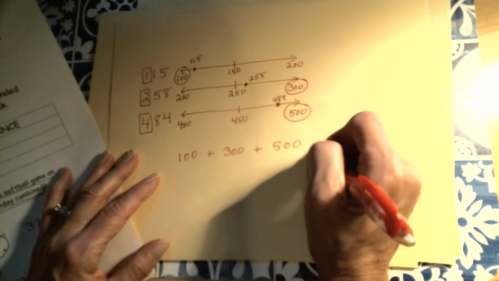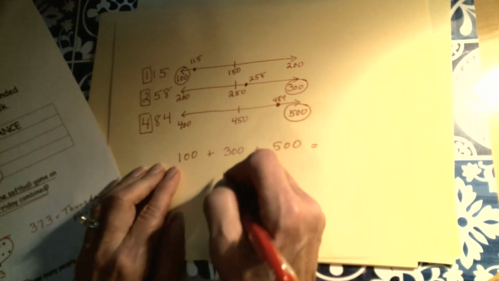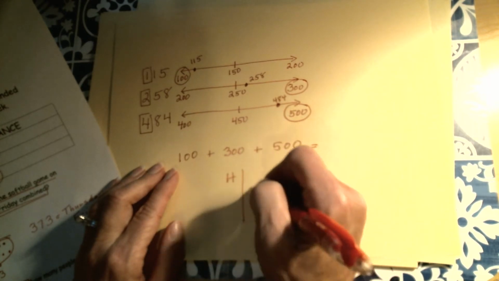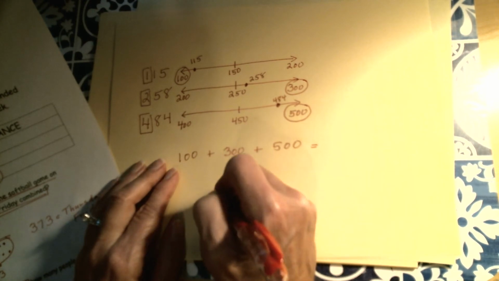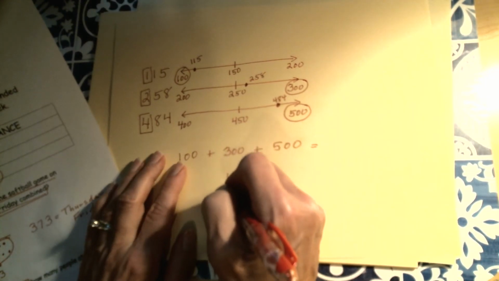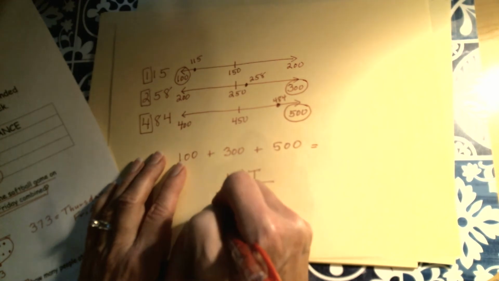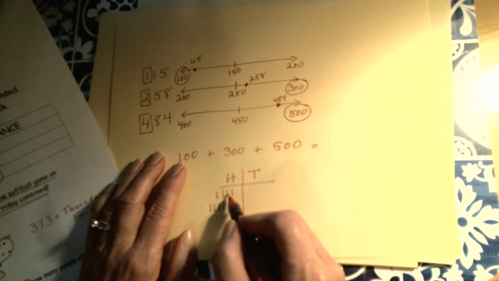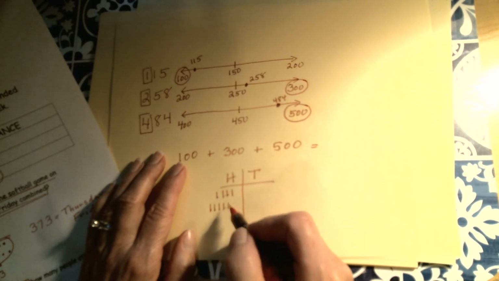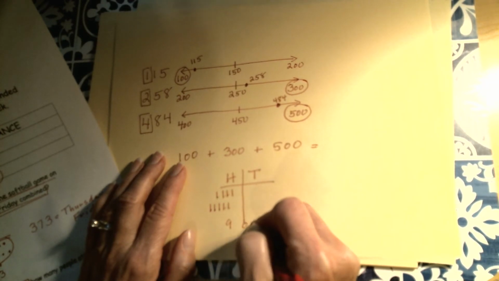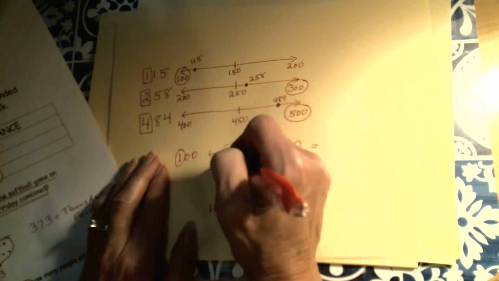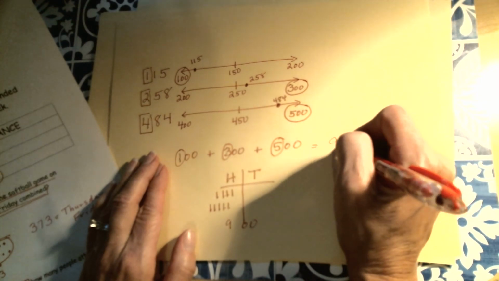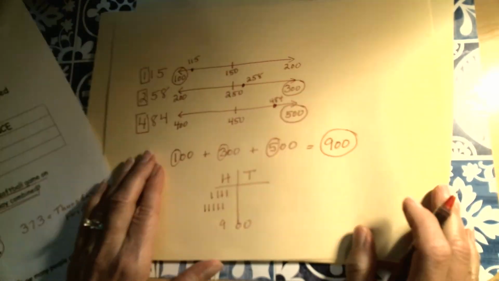When you're adding hundreds, you could use a hundreds chart and count 1, 2, 3, 4, 5, 6, 7, 8, 9, which would make it 900. Or you just look at these front digits: 1 and 3 is 4, plus 5 is 9, and you would have 900.